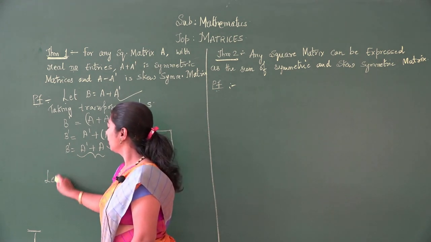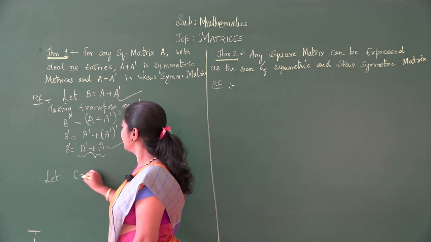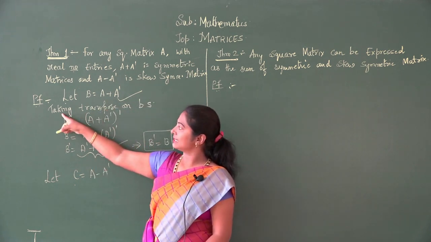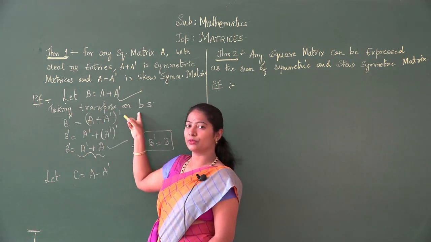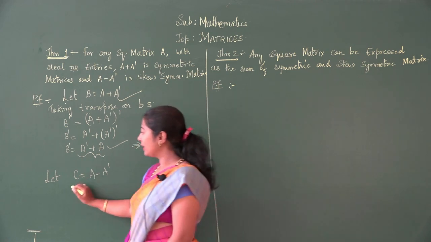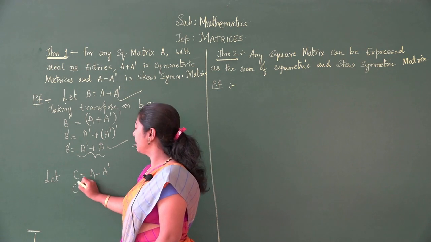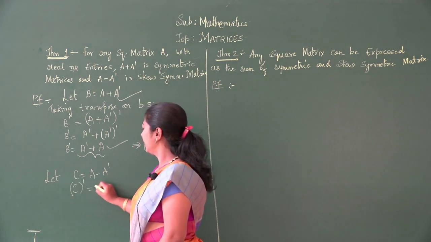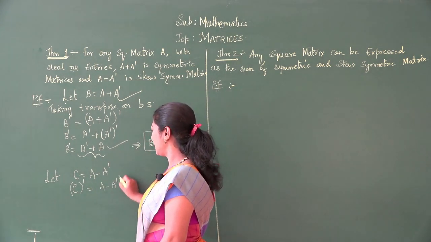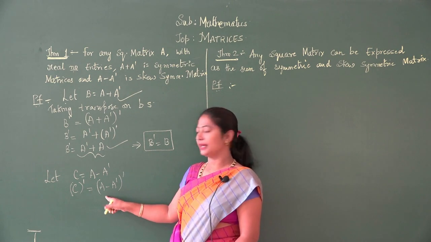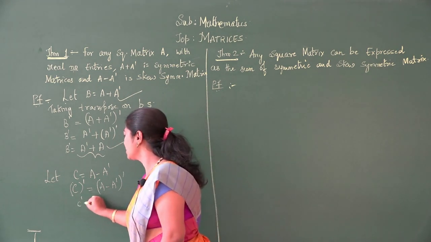Now, let C be equal to A minus A dash. What is the next step? We are supposed to transpose both sides, that is, LHS and RHS. When you transpose, C becomes C dash, and A minus A dash the whole dash.